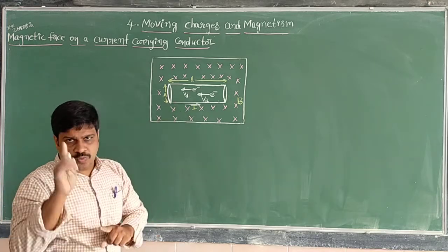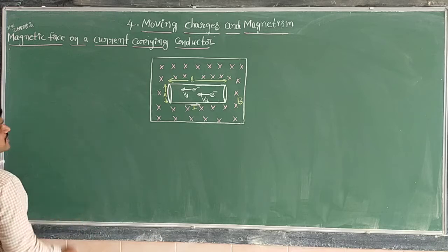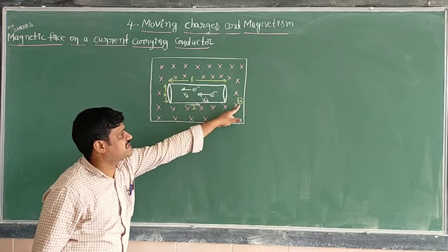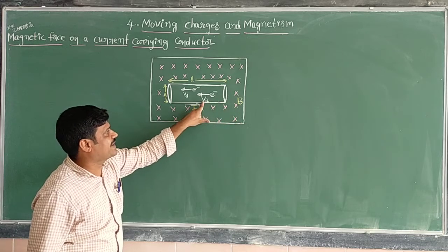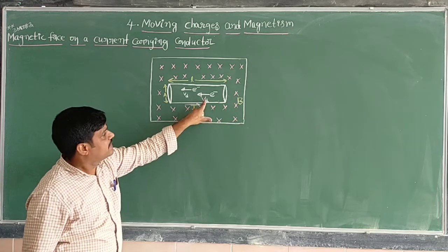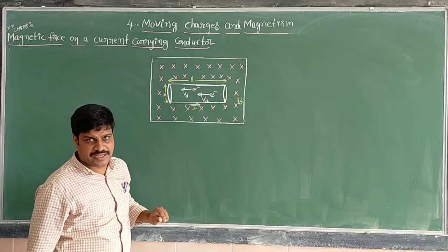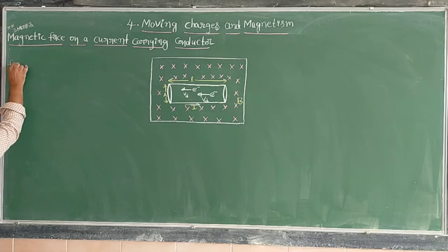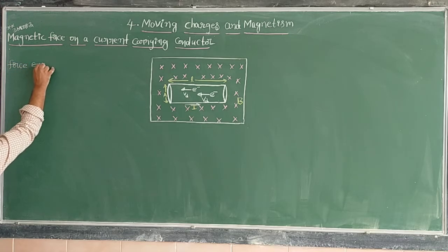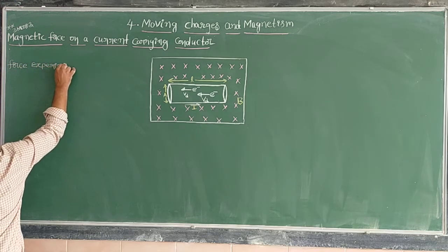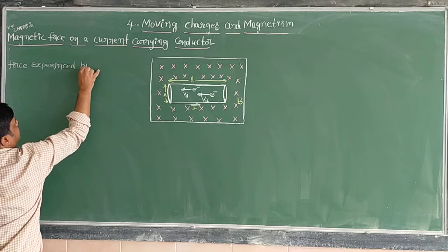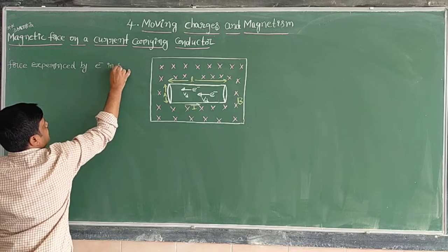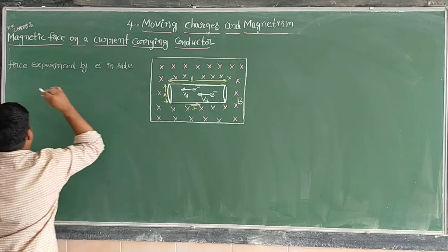If I speak about one electron, so what is the force? First take one charged particle placed inside the magnetic field, moving with velocity vd, the drift velocity. Then we will see the force experienced by the charged particle. Next, the force experienced by an electron inside the conductor.